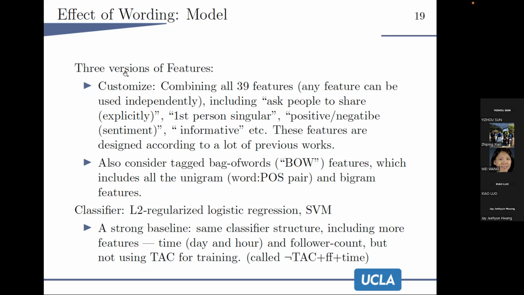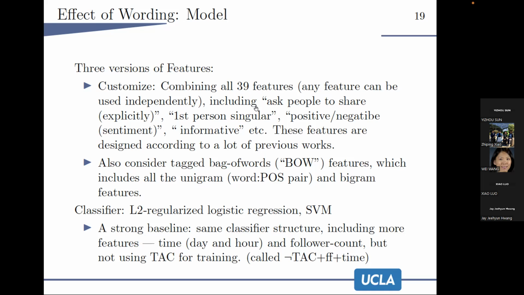The customized feature is the combination of all the 39 features that they come up with. They don't come up with those features at random. For most of those features, they have something to cite. Those features come from previous work, previous analysis on what kind of factors can affect how appealing a tweet is.